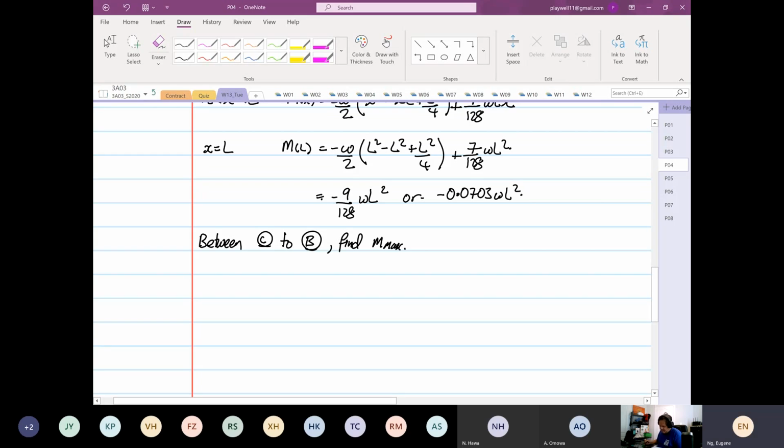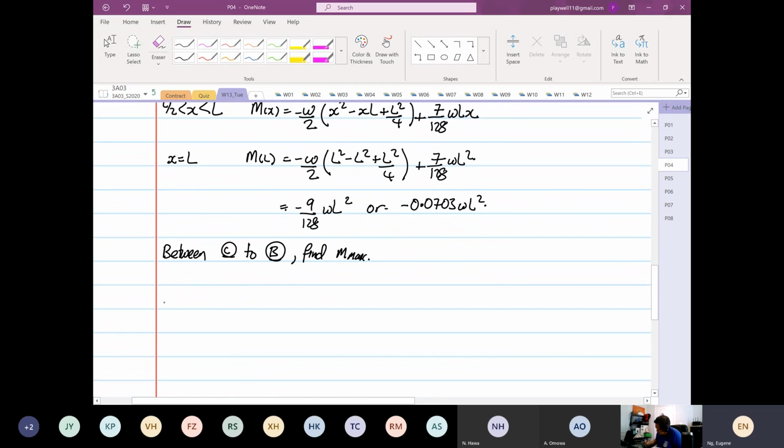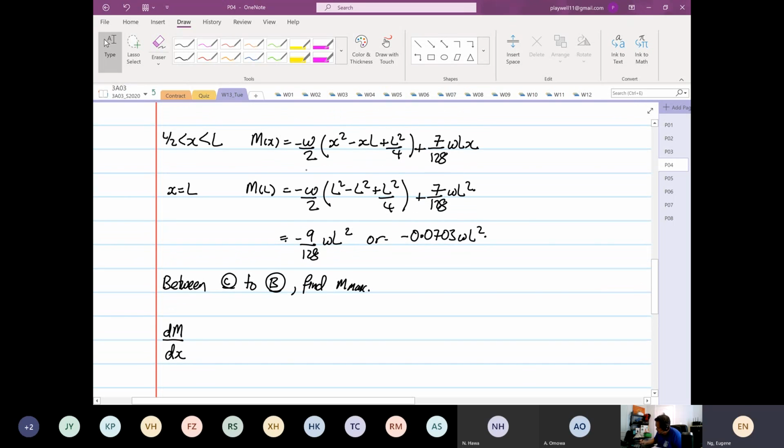So to find Mmax, we just need to differentiate. We need to differentiate equation 4a. So we need to differentiate dM by dx. So dM by dx will be equal to, so we differentiate this term over here. I'm going to do the inside term first.